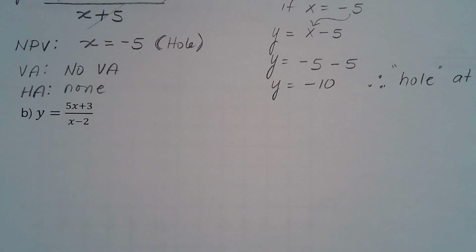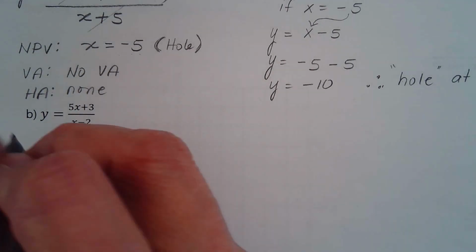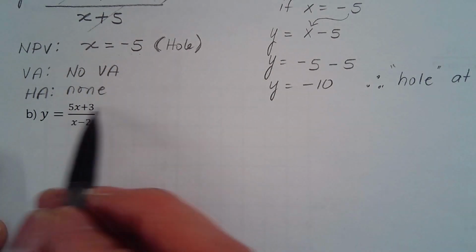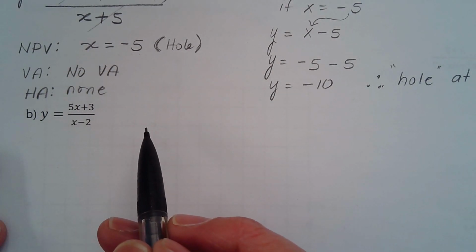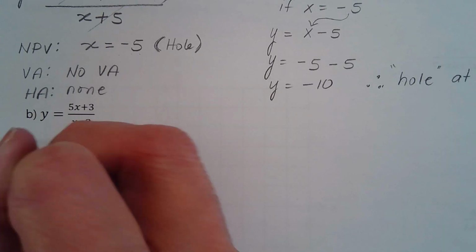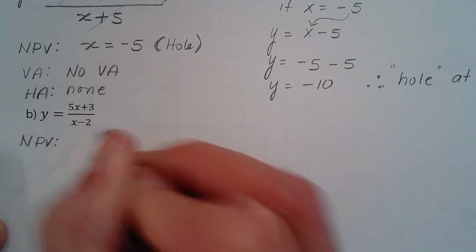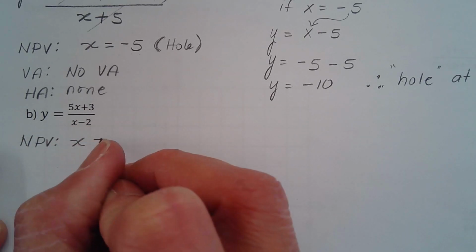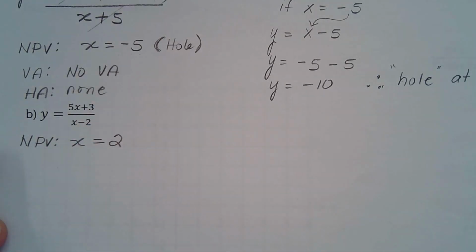Okay, now what do you see here? First, we don't have to factor this, it's just 5x plus 3 divided by x minus 2. What's the non-permissible value? x equals 2, yes, okay.